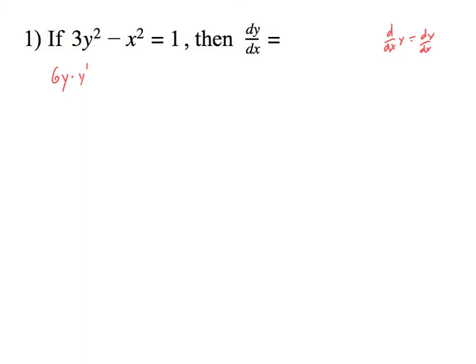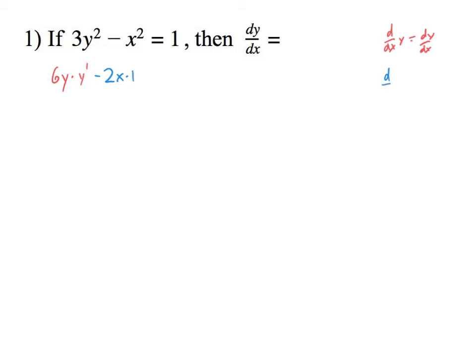So there is a chain rule effect on this y, because when you take derivatives, you're taking derivatives in respect to x, not in respect to y. It's important. For instance, when you take the derivative of this one, this one's a little different. Watch this. When I take the derivative of that piece, this is going to be negative 2x, the derivative of x. But the derivative of x is 1. That's why there's no extra piece.